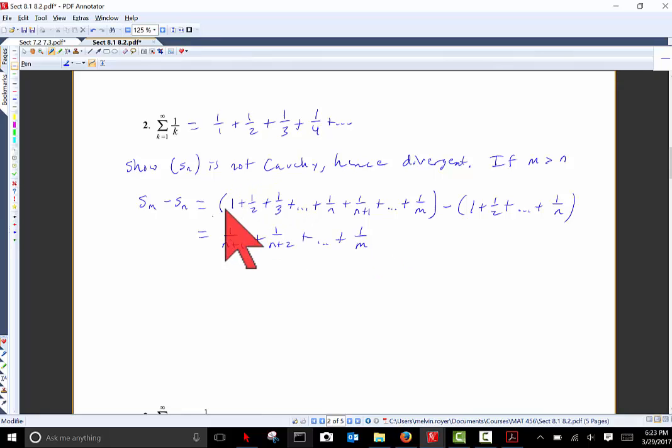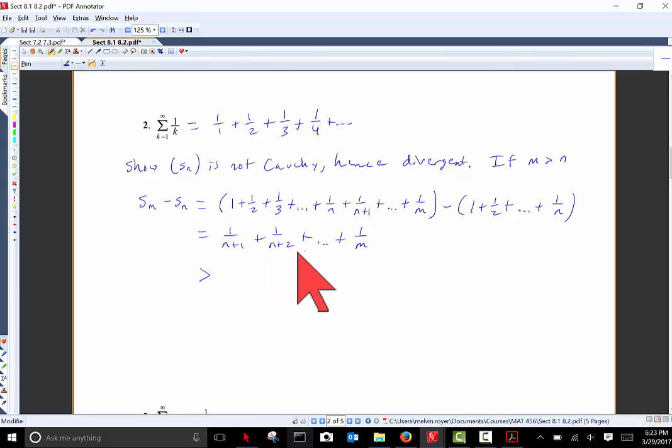I'm trying to show that this is not Cauchy, so I actually want to show that this expression is relatively large, or at least not small. So let's show that this is greater than something. I want to show that each term is greater than something else. If we look at these and ask, what's the smallest term that we have here? Well, it's the one with the largest denominator.